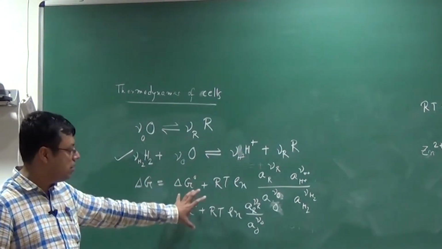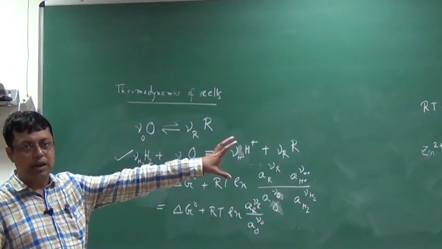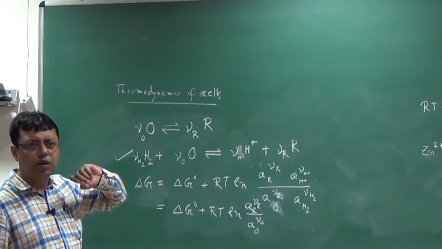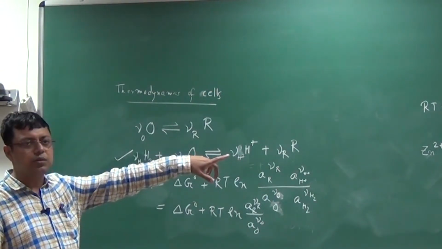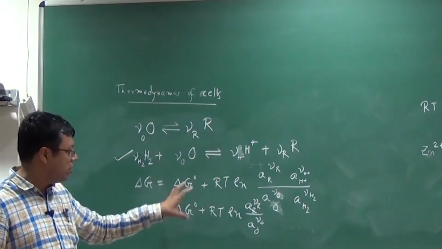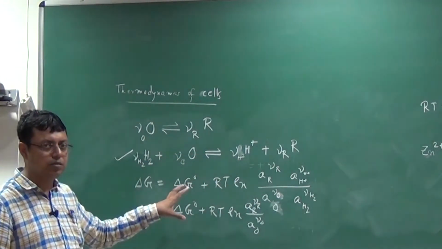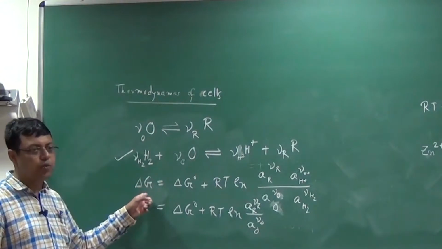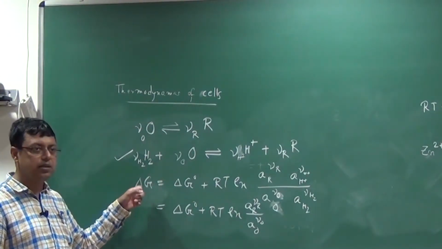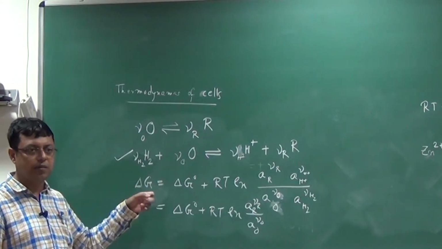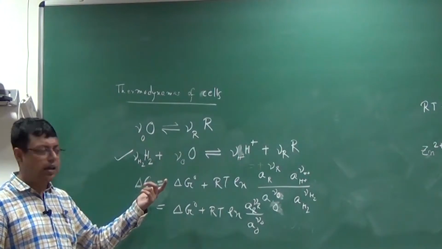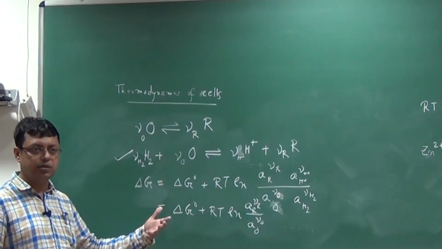The full cell will be this, and then there will be another one for the other oxidant reductant couple, like in that case it was the silver chloride couple. Then I'll have two delta G values. I have to check which one is the right electrode and which one is the left electrode. Then I will take delta G right minus delta G left. That has to be negative, and then I will get the Nernst equation that way.